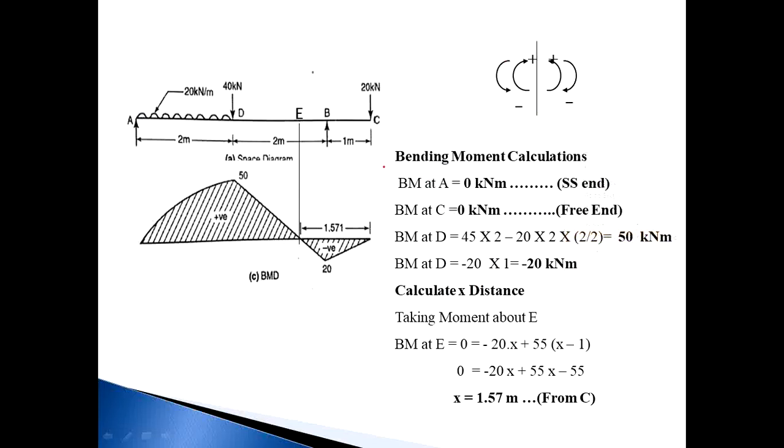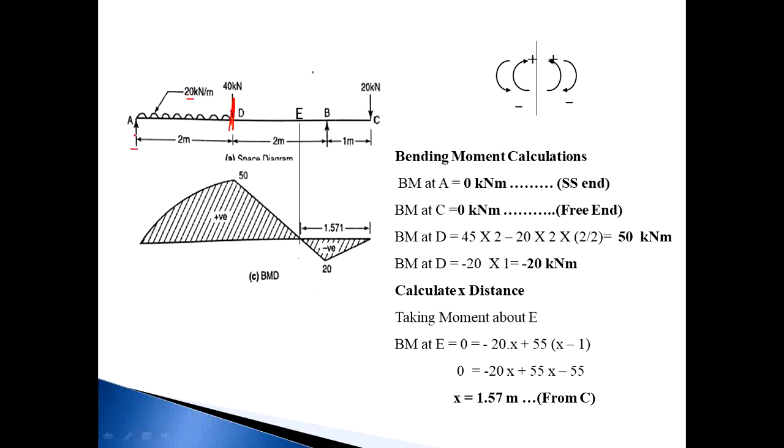So calculate the bending moment at D first. Consider an exact section at point D. The forces on the right side are RB and 20 kilonewton, and on the left side RA and the UDL. I consider the left side of the section; if you want, you can consider the right side. The direction of the moment for RA with respect to D is clockwise, and clockwise moment is positive, and for the UDL it is anti-clockwise, and anti-clockwise moment for the left side is minus.